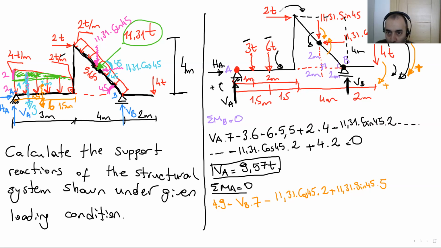Let's go to the top of the triangle. We have a horizontal load here. It rotates the system in this direction, right? Is it positive or negative? It's positive. That's why we have positive here: 2 times 4, where the distance is 4, the perpendicular distance. Now we are at 6 tons.